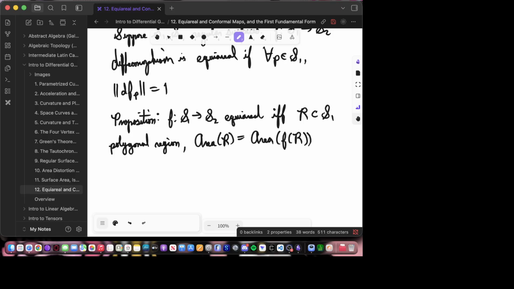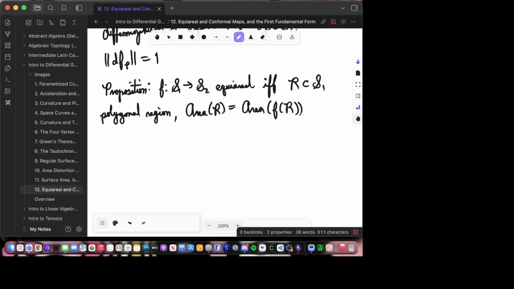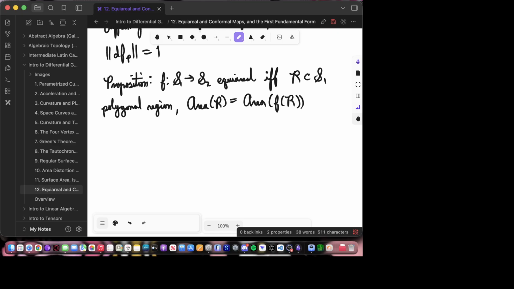So what we can use to help prove this proposition is the fact that if we have a polygonal region R, then we can calculate the area of F of R as the double integral over R of the area distortion of dF dA.